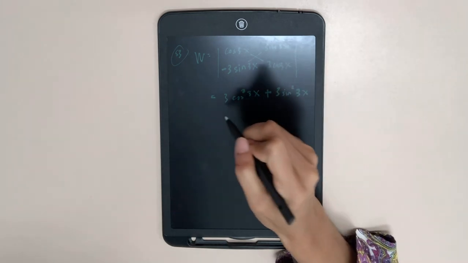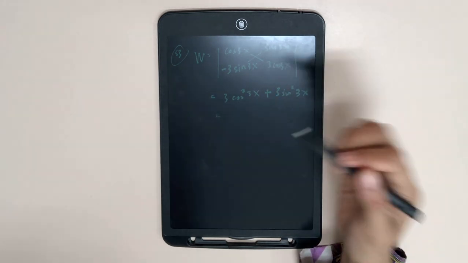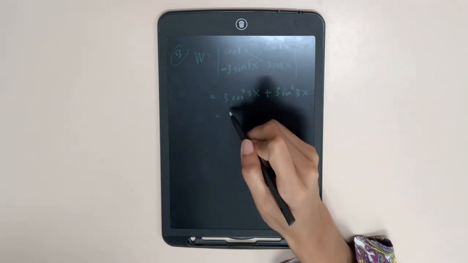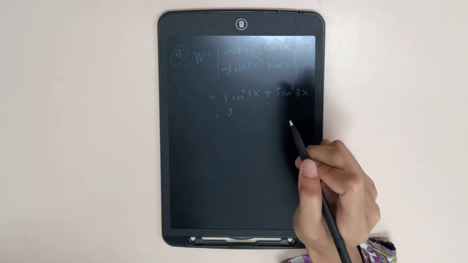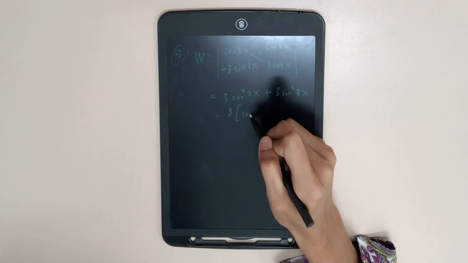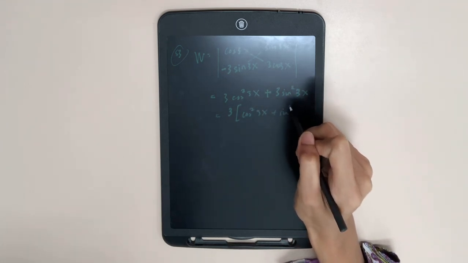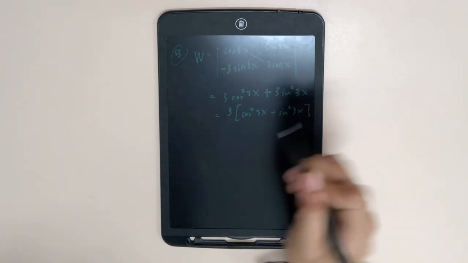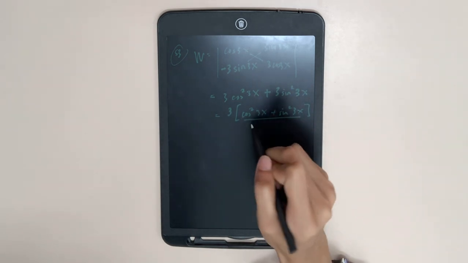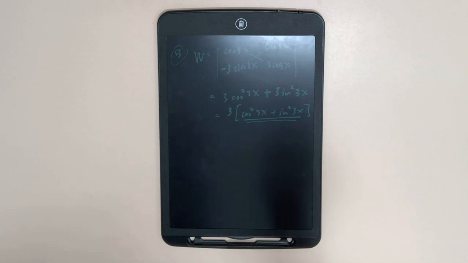You can see that we have 3, so factorize out the 3. Inside here we are left with cos square 3x plus sin square 3x. This one is a trigonometry identity.